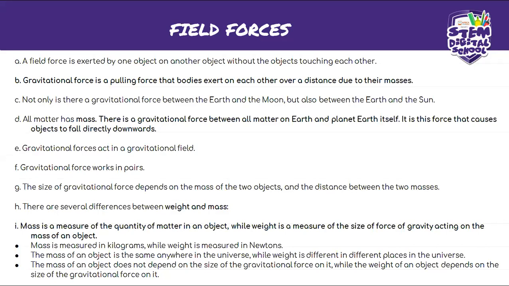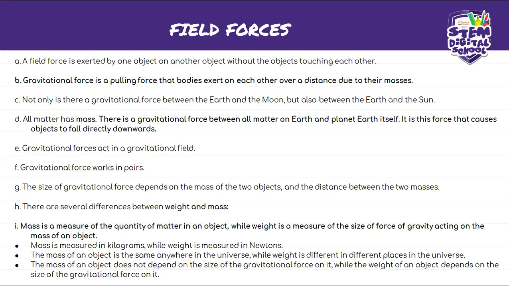So here, if I, who is teaching you right now, have a mass of 75 kilograms, and I happen to move to space, my mass is still going to be the same, it's the same everywhere. But my weight is going to be different. Why? Because of the acceleration due to gravity.